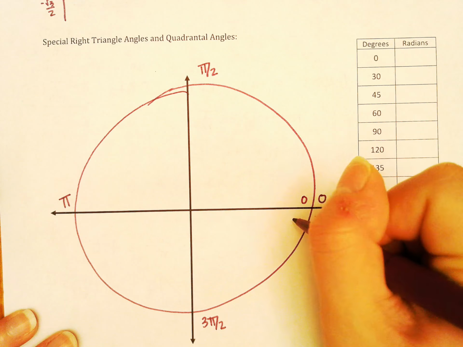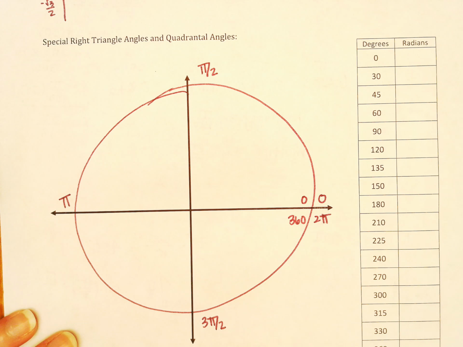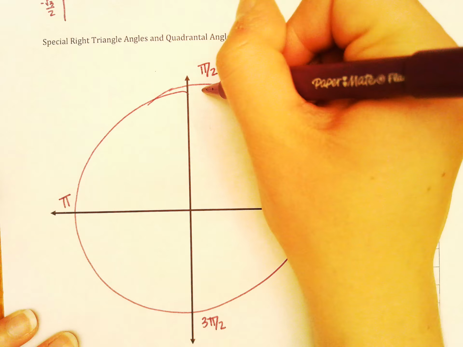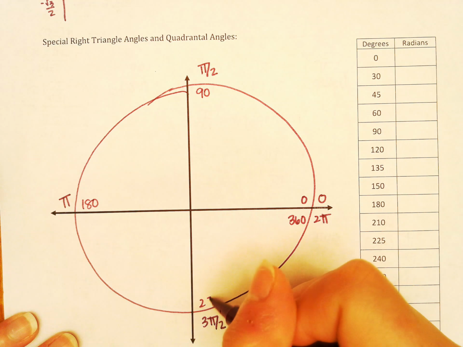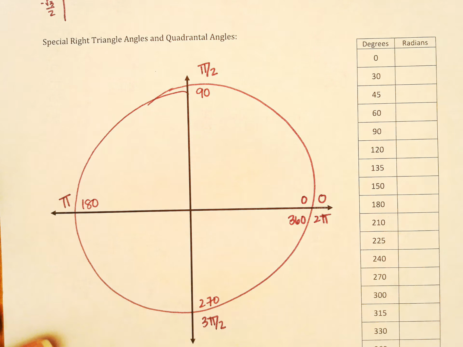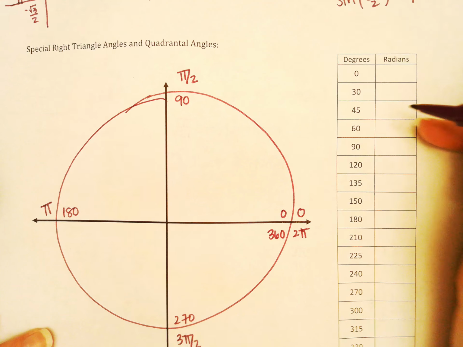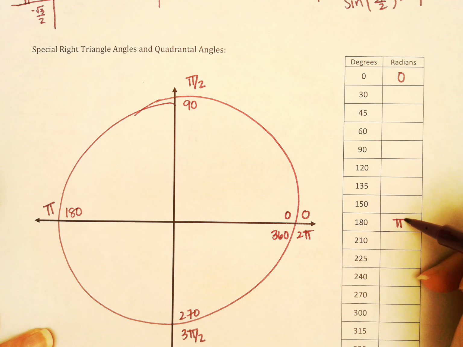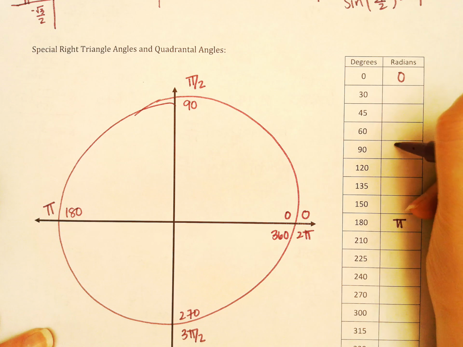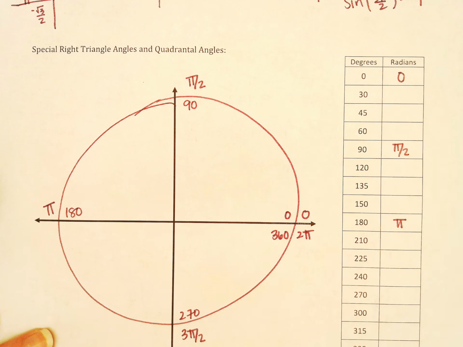I'm going to fill in my degrees too, so that we can just compare. So this is 0 and 360, this is 90 degrees, 180, and 270. So there's all my quadrantal angles. So 0 degrees is 0 radians, 180 degrees is pi, 90 is pi over 2, and then 270 is 3 pi over 2, and last but not least is 2 pi.